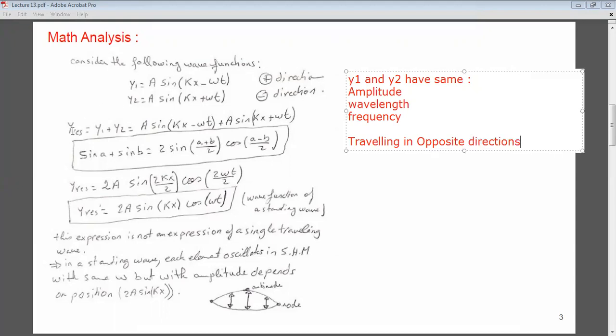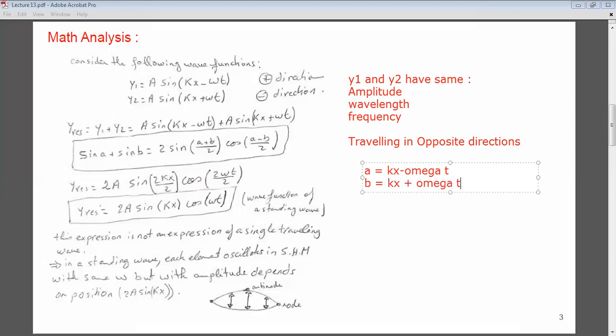Now, the resultant wave will be y1 plus y2, which is a sine kx minus omega t plus a sine kx plus omega t. We are going to use this formula: sine a plus sine b equals 2 sine of (a plus b) over 2 times cosine of (a minus b) over 2. According to our equation, a is kx minus omega t, and b is kx plus omega t.